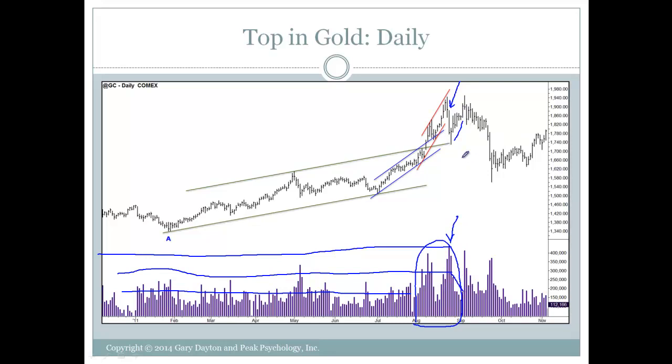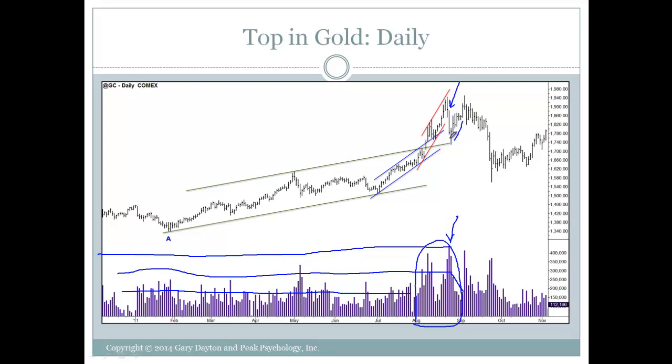So this is a classic climactic action where we're in a mature trend, it accelerates, we see the swelling of the volume, the climactic kind of volume, because everybody thinks that gold is going to go north of 2,000 here. And people were just flooding into this market. China was rip-roaring in its economy at the time, and people were thinking that China wants all the gold in the world and there's going to be scarcity and so on and so forth.